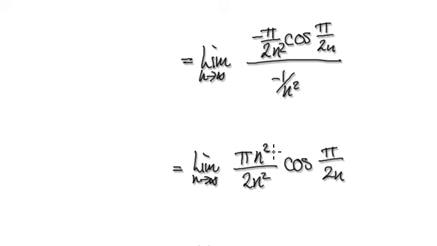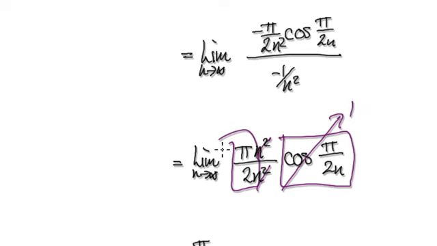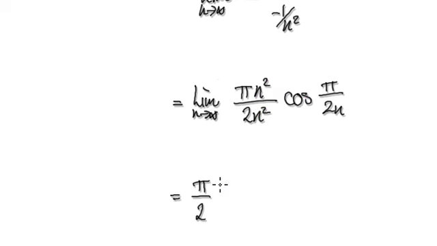So now these two cancel each other out, and then as n tends to infinity, this is going to be very, very big. This bubble here is going to be 0. Cos of 0 will be 1. So this thing here is going to 1, and then these two cancel each other out, leaving you pi over 2. The limit is pi over 2.